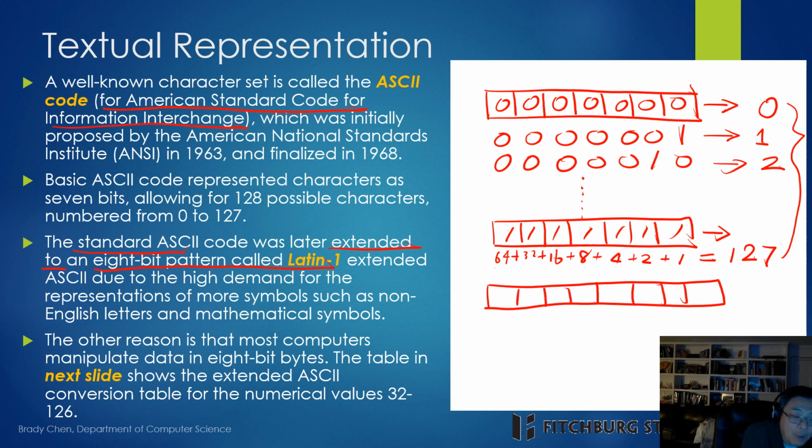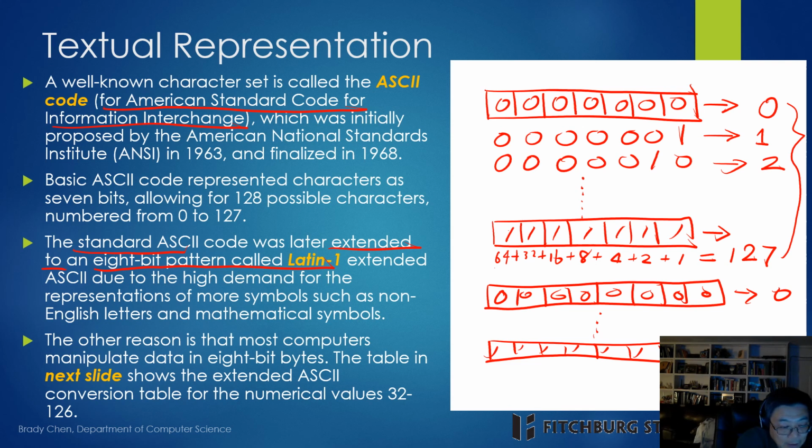Now, how many different values can we represent using 8 bits? Again, we can check the smallest number you can represent with 8 bits: 0, 0, 0, 0, 0, 0, 0, 0. That's the smallest number, which is 0. What's the largest number we can represent with 8 bits? 1, 1, 1, 1, 1, 1, 1, 1. And we find out you can actually get 255.